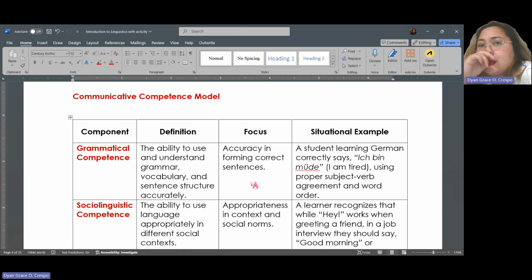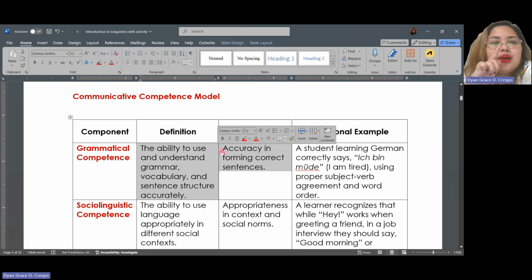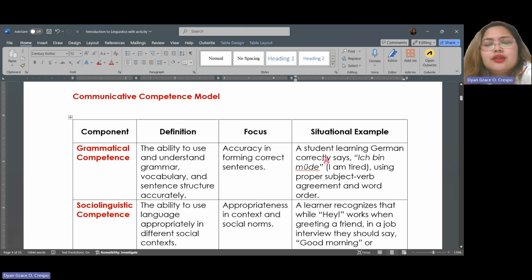Mababaw na level yan. Because there's a rule. There are certain rules eh. So, definitely, there's one correct thing. Yung grammar. There are certain rules, subject and verb agreement, capitalization, sentence patterns. There's one correct rule. And if you did that correctly, you're done.